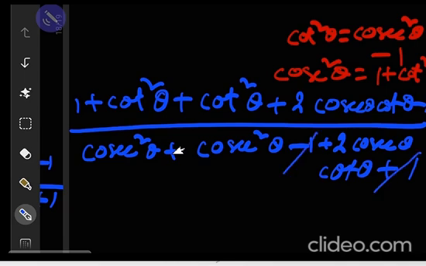So plus 1 minus 1 cancel, minus 1 and plus 1 cancel.